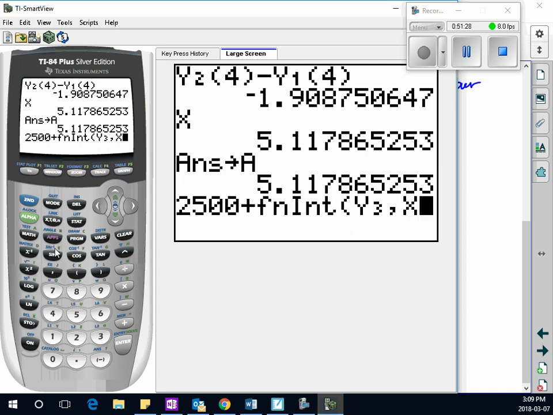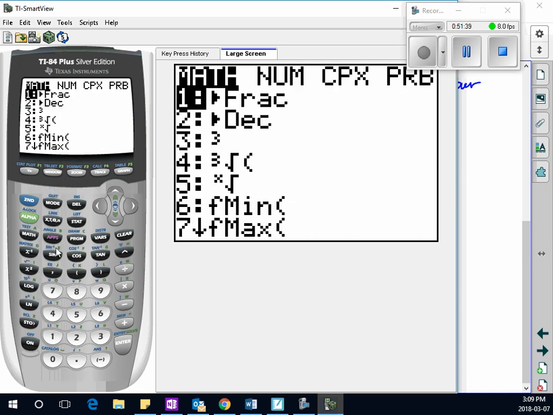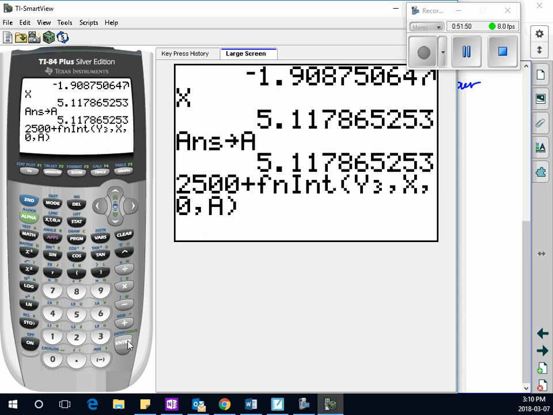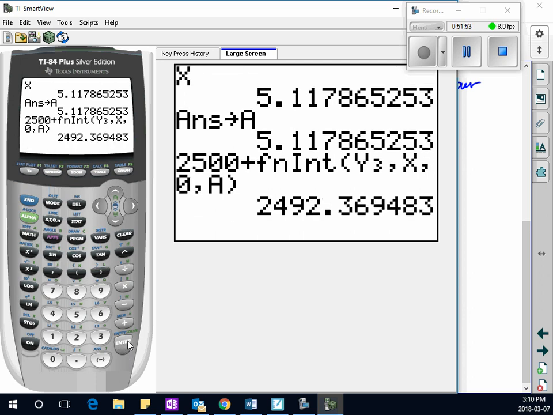X comma 0 comma A, alpha A. There we go. Bam. It's thinking.